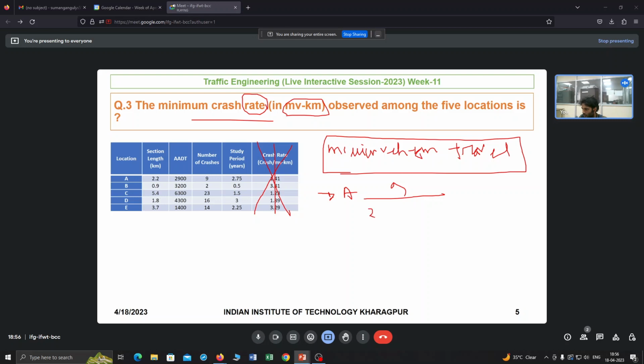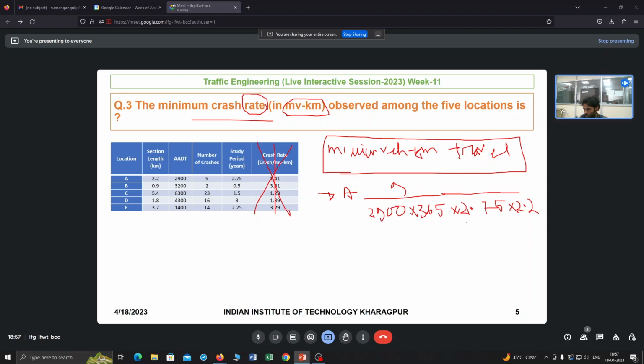Our vehicles are 2900 ADT, into 365 per year, into 2.75 years. So this many vehicles we got through the entire period, right? Per kilometer means we also have to multiply with 2.2.